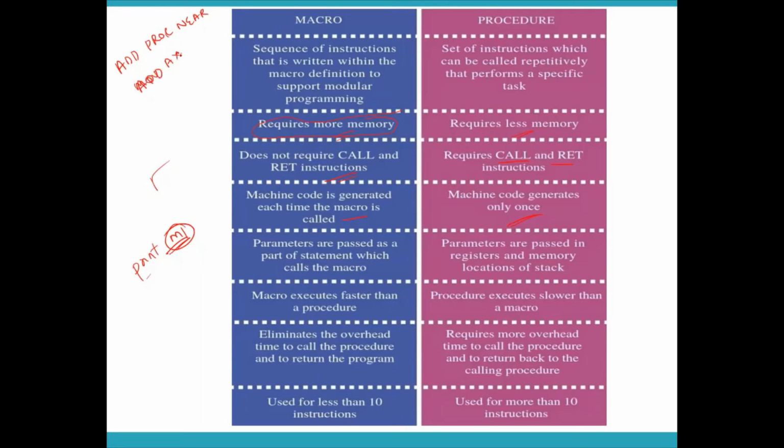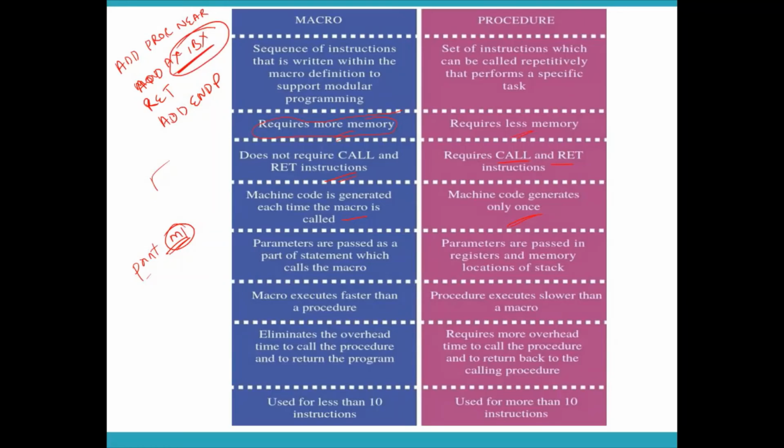If I write add ax comma bx, and then ret, and then add end p. This is my procedure for adding the content of two registers. How did I pass my parameter to the procedure? I pass the parameter to the procedure in the form of registers, as content of registers.